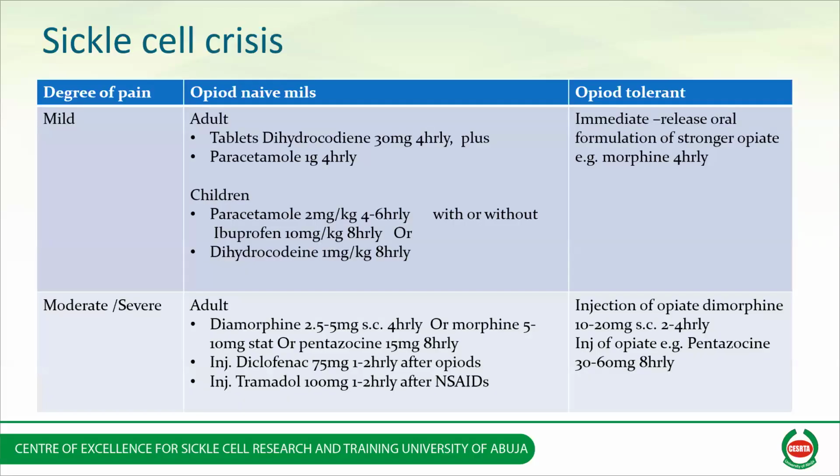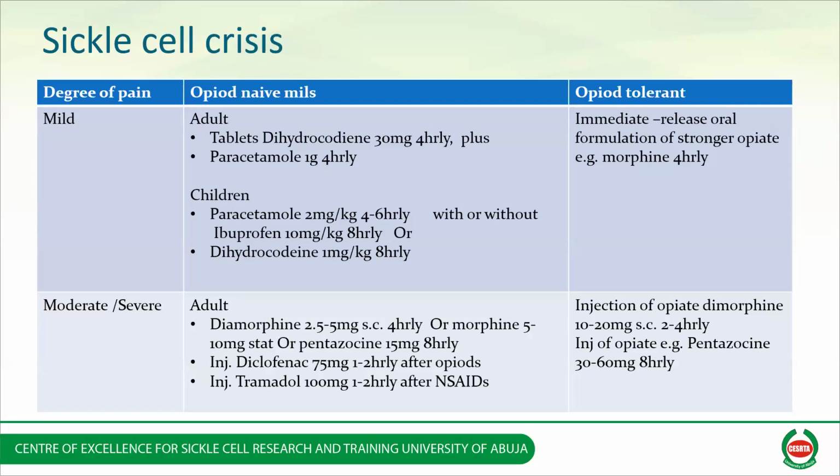So this table is a guide to pain management. For mild pain in adults, we can use dihydrocodeine 30 milligrams 4 hourly plus paracetamol 1 gram 4 hourly.